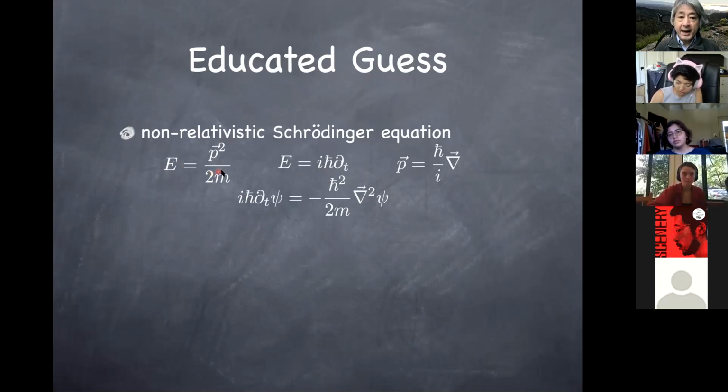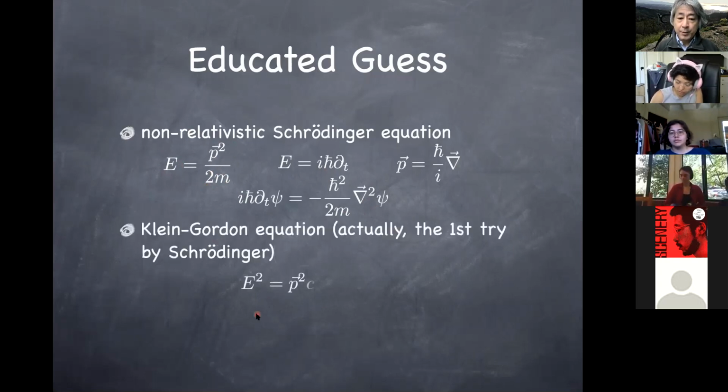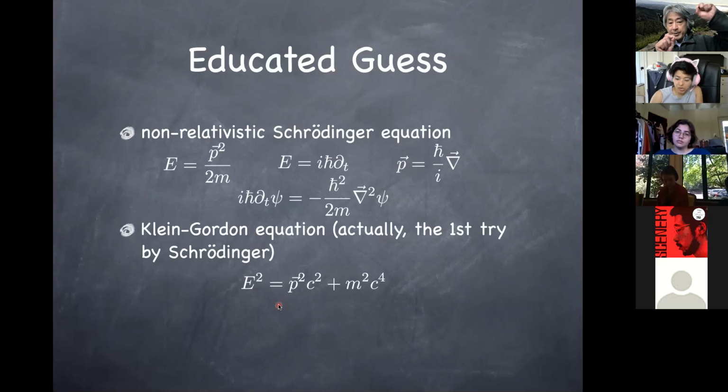But what we need to change now is this E equal p squared over 2m to a relativistic expression. So the Klein-Gordon equation uses this one instead. That's a relativistic equation. We also derived it from first principles. If you move this p squared c squared to the other side of the equation, the left-hand side is p mu with indices contracted with upper and lower indices. And that turns into a Lorentz invariant, namely m squared c to the fourth. I just moved p squared c squared to the other side of the equation.